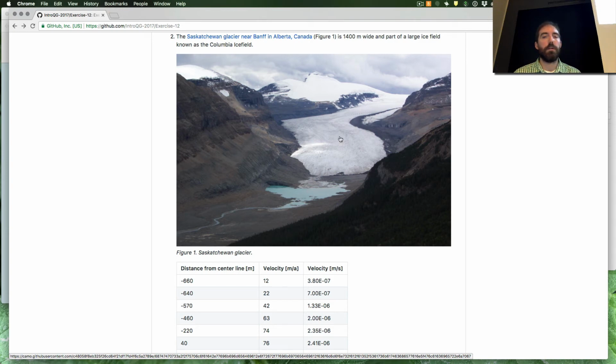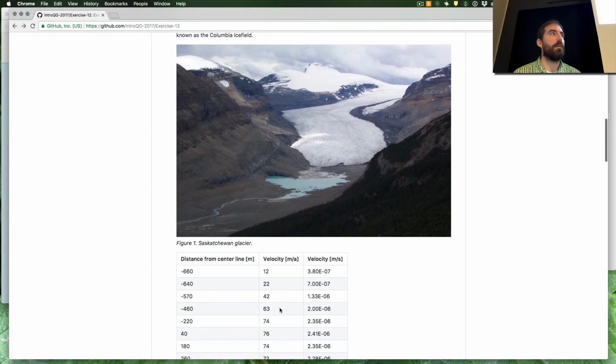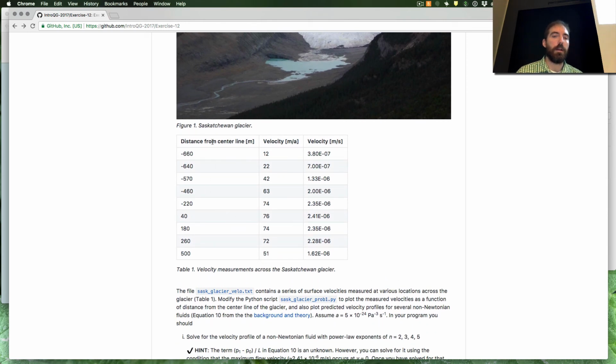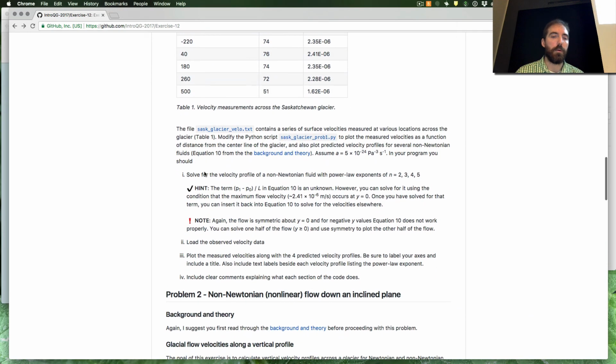And so what you're going to do is calculate the velocities with your code for viscous flow in a channel and then compare it to these observed values going across the glacier from one side to the other. So you'll load in a data file that has this data and plot that and then compare when you do the same calculation for your model. How well does it fit the data? And there are a couple questions about that.